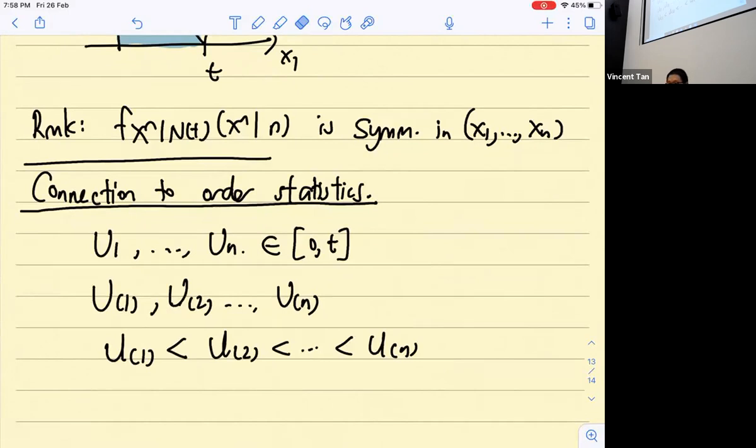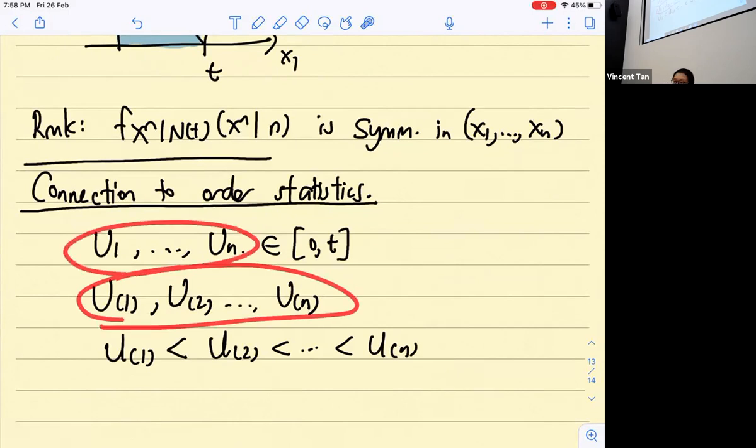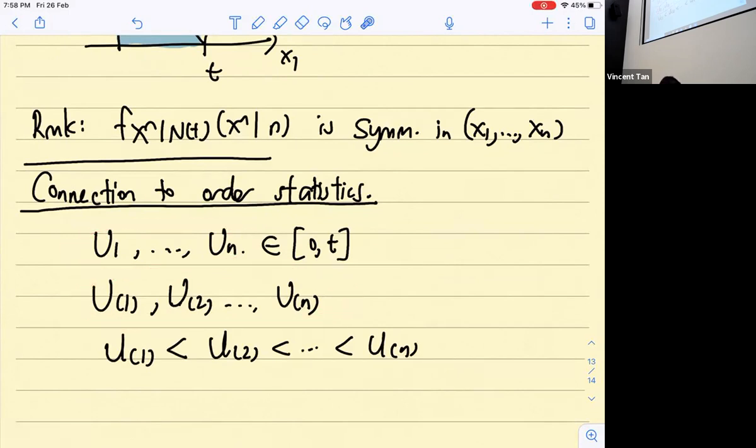So the U(i)'s are the order statistics relative to this. In statistics, people devote their whole lives to studying order statistics like this. Okay, and now we will devote 20 minutes to studying this. We will study the appearance of order statistics in the context of Poisson processes, in the context of conditional arrivals.